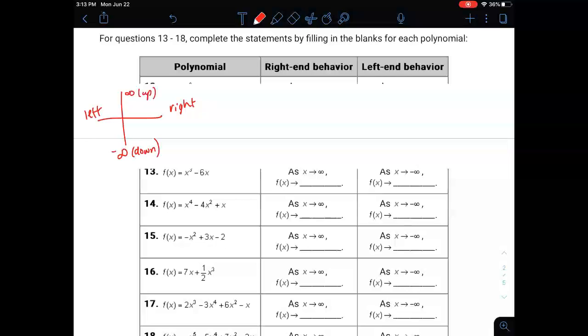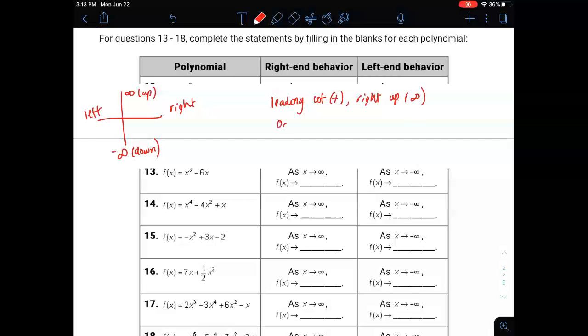All right, so what we do is we focus on knowing the degree and the leading coefficient, right? And what we said was, if the leading coefficient is positive, then our right behavior is up, or as we found out, it's now known as infinity.